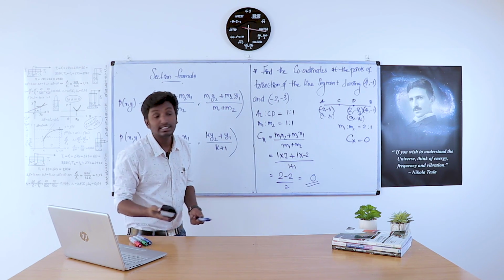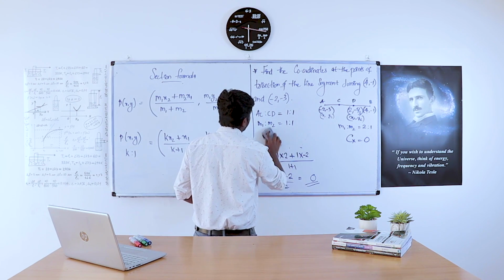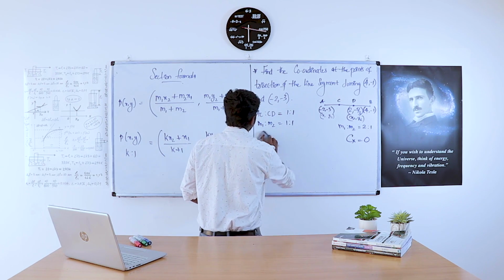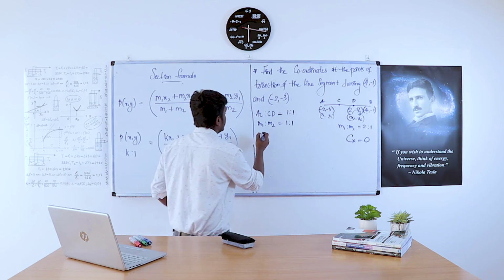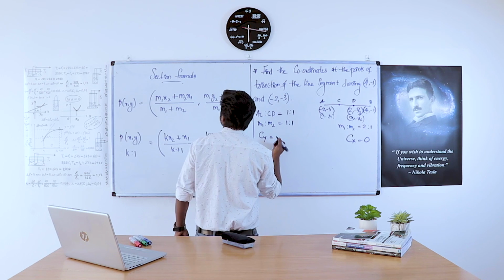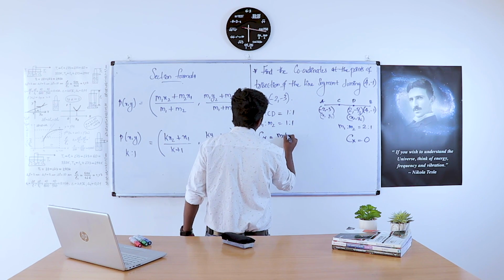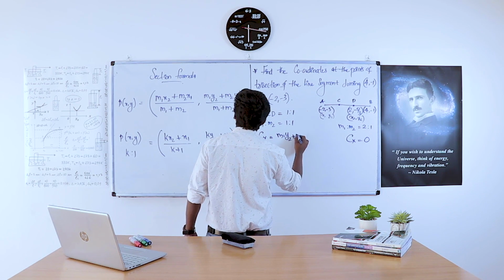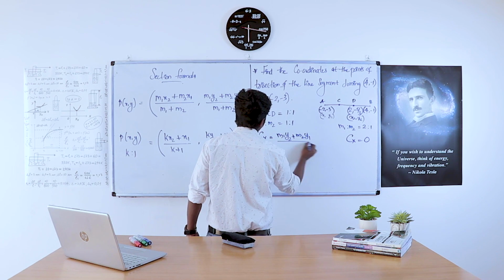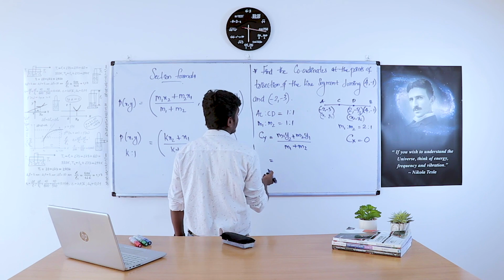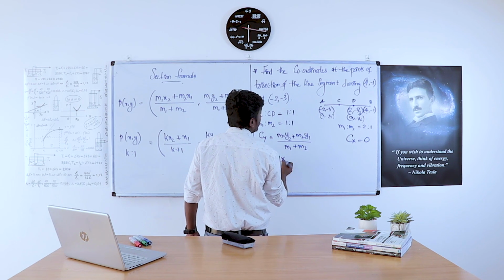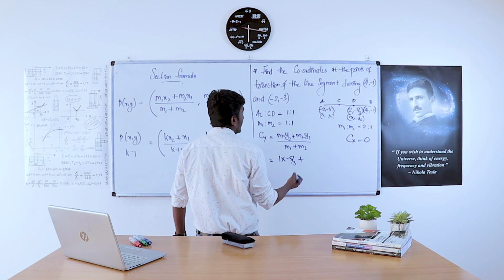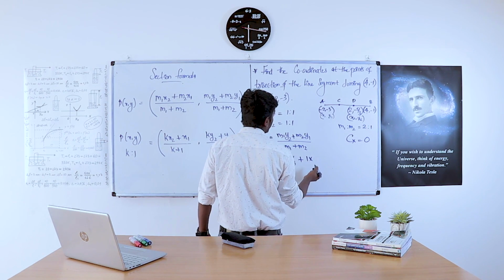The x coordinate is 0. Now we need to find the y coordinate. So Cy is equal to m1 y2 plus m2 y1 divided by m1 plus m2. That is equal to m1 is 1 into y2. y2 is minus 5 by 3, plus m2 is 1 into y1.